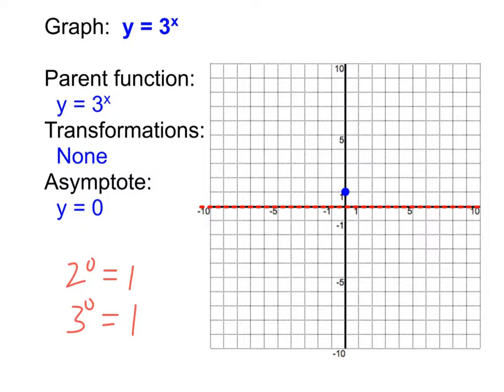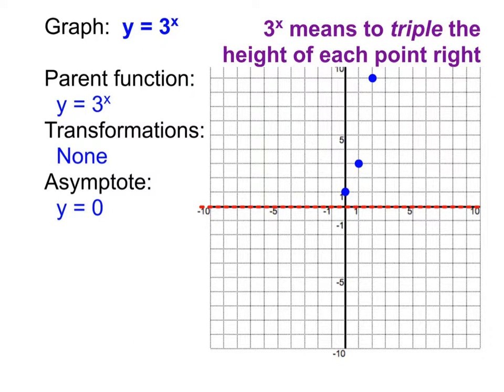From there, this one's a 3 to the x. When it was 2 to the x, remember that meant that I doubled my height. So I'd go from 1 to 2 to 4, because I was doubling my heights. In this case, though, it wouldn't make sense to double them. I'm multiplying each time I go over by another 3. And so, you might already be thinking that maybe we'd triple the height. Yes, in fact, that is what we would do. We're going to triple our height.